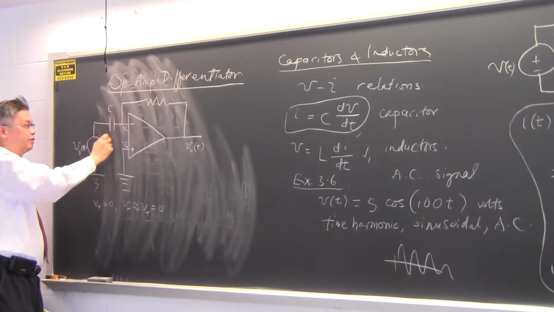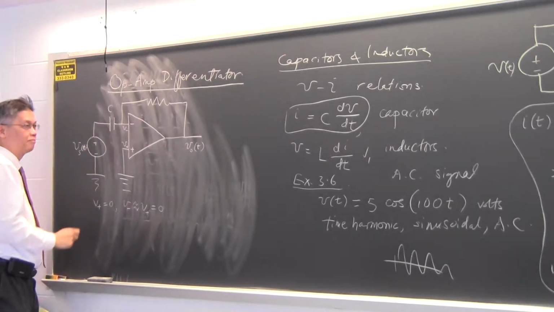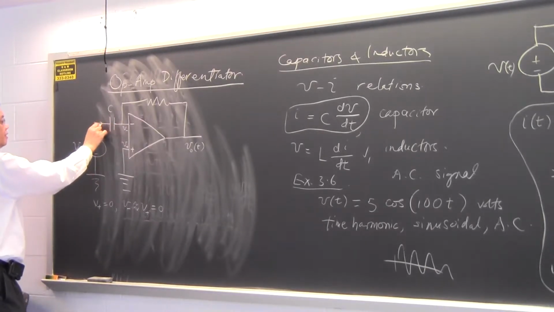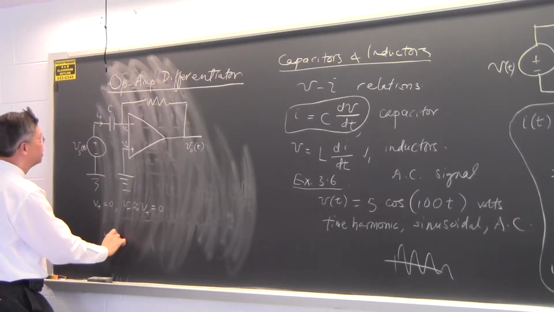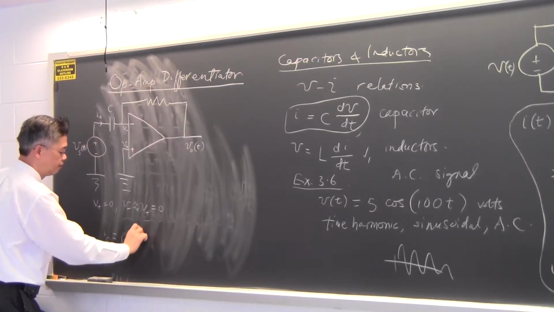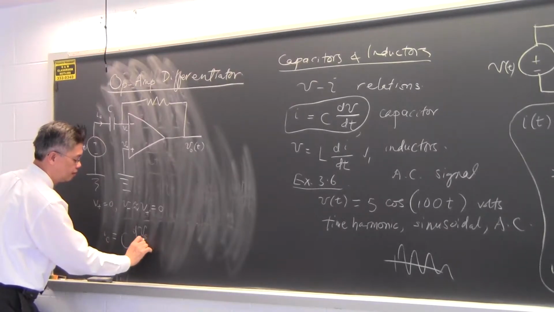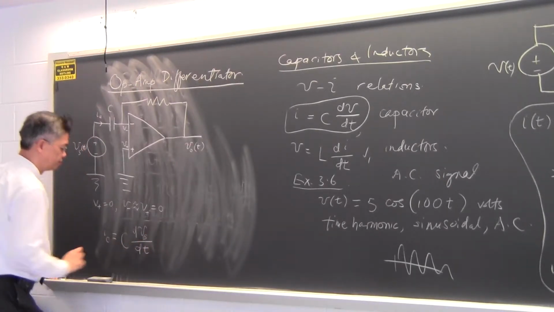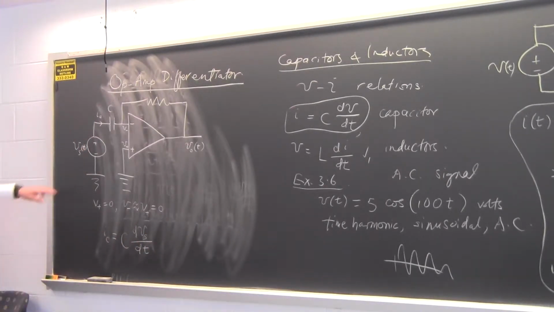Okay, and if I were to write the IV relationship for this capacitor, I will have IC, the current that goes into the capacitor, must be equal to C dVs/dt. Okay, so that is the first equation I get. The capacitance current is given by this thing because V minus is approximately equal to 0.